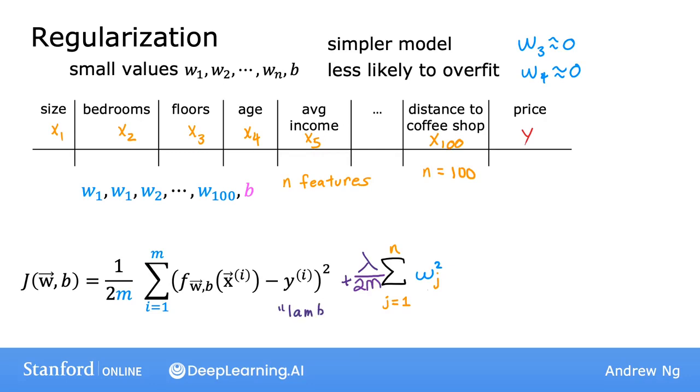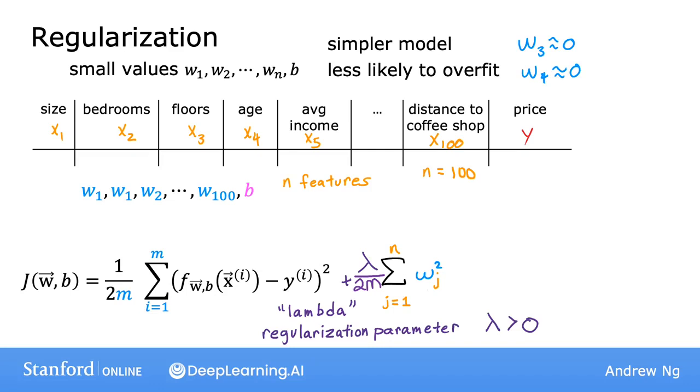This value, lambda here, is the Greek alphabet lambda and is also called a regularization parameter. So similar to picking a learning rate alpha, you now also have to choose a number for lambda. A couple things I would like to point out.